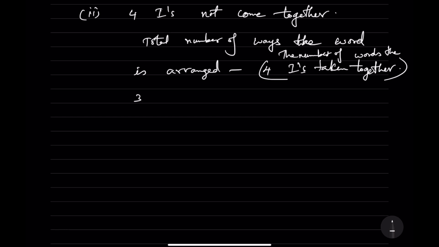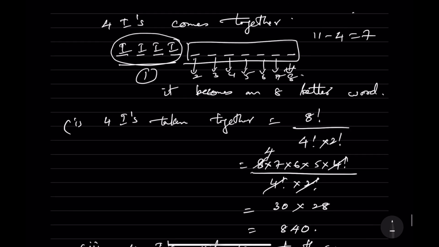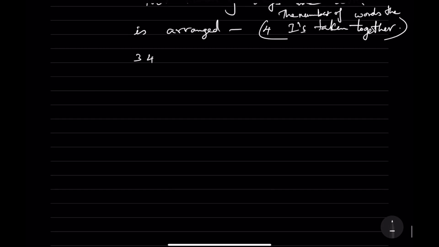So therefore what is it? 34650 minus 840 is equal to 33810. That is the answer.